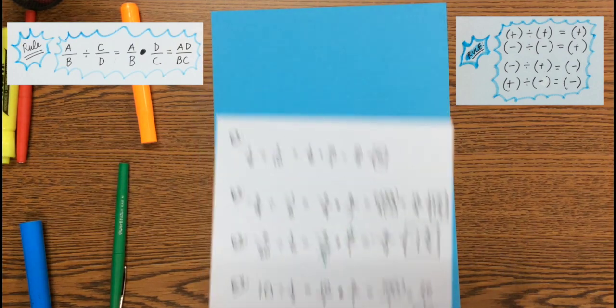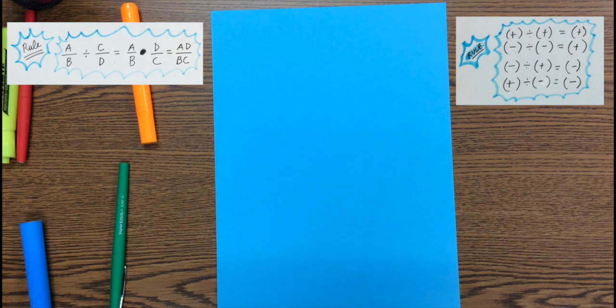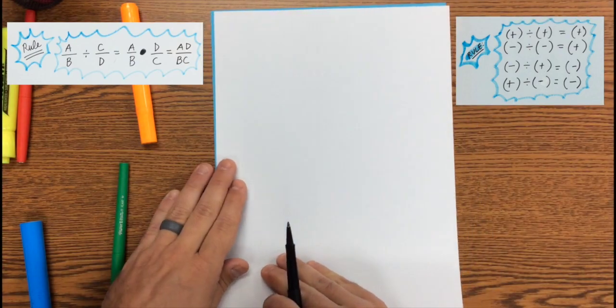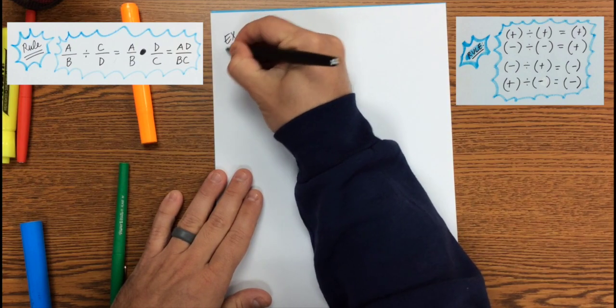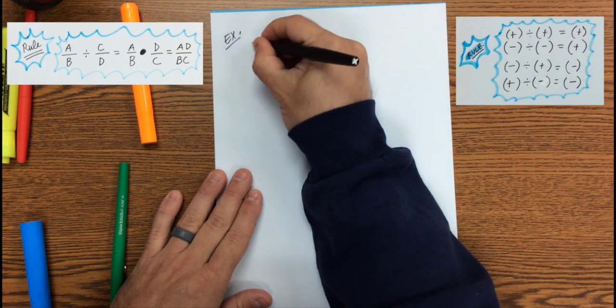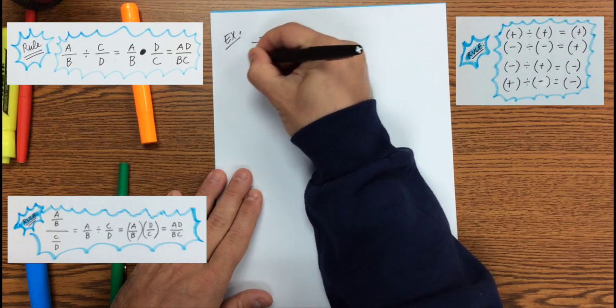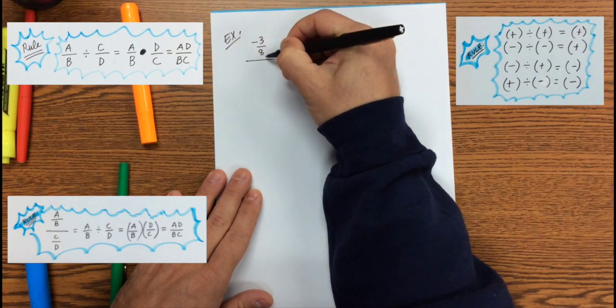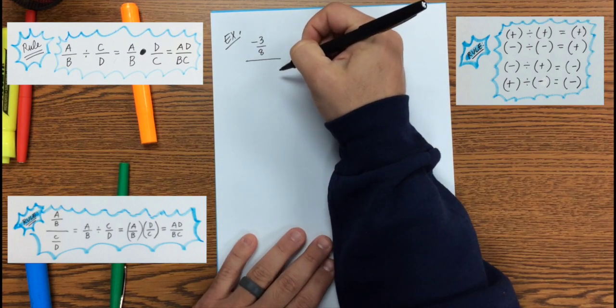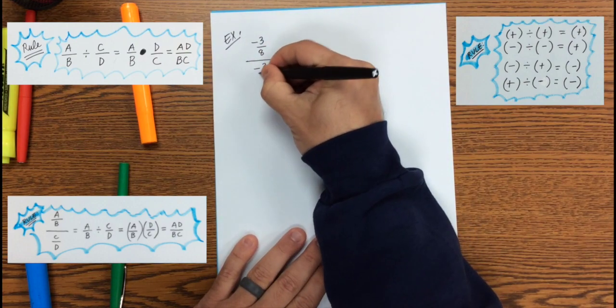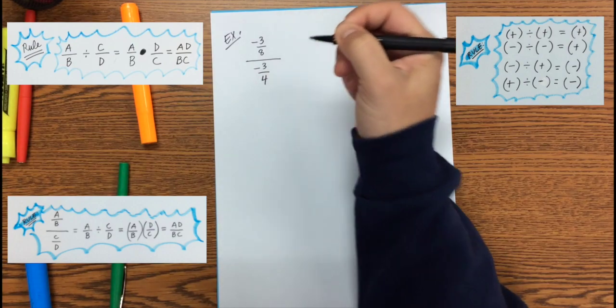Let's take a look at another example. This is something you're going to see. You might as well start getting used to it. When things are written this way, -3/8 divided by, that's what this big line here is saying, a -3/4.